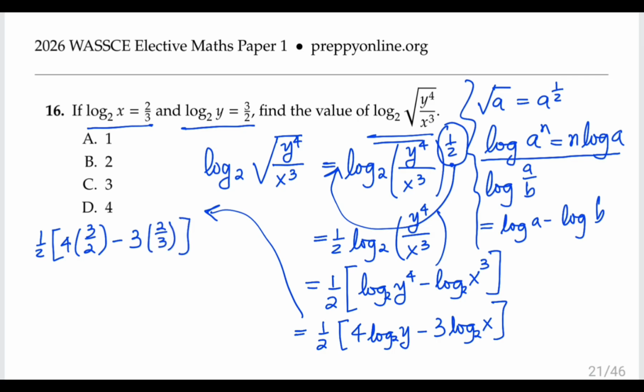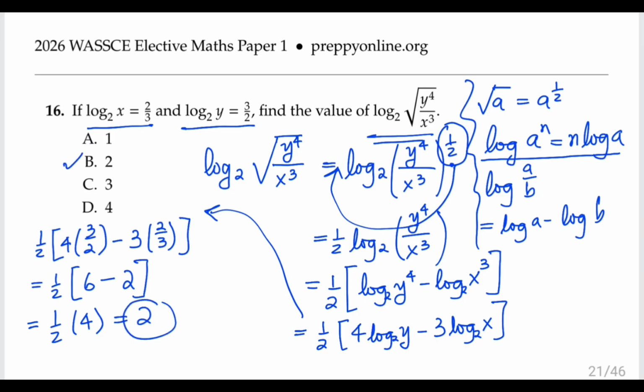So this is the expression we have, and it's equal to half times 4 times 3 over 2, which is 2 times 3, which is 6. And then we have 3 times 2 over 3, that is 2. So we have half of 6 minus 2, which is 4. Half of 4 is 2. So our answer is B.